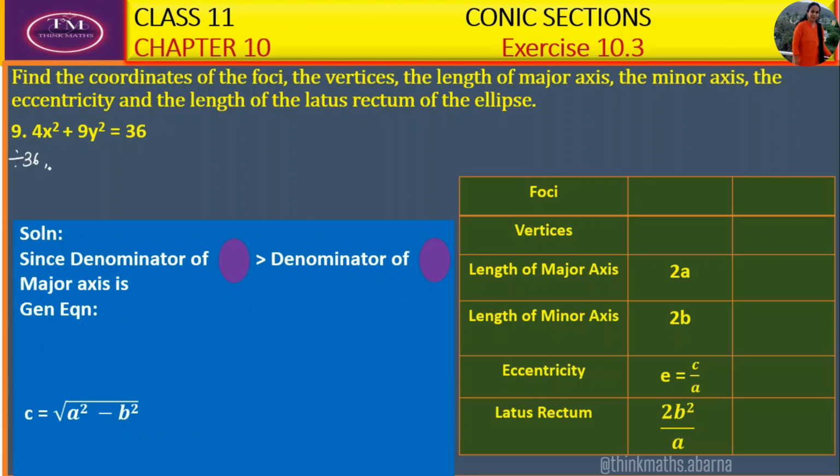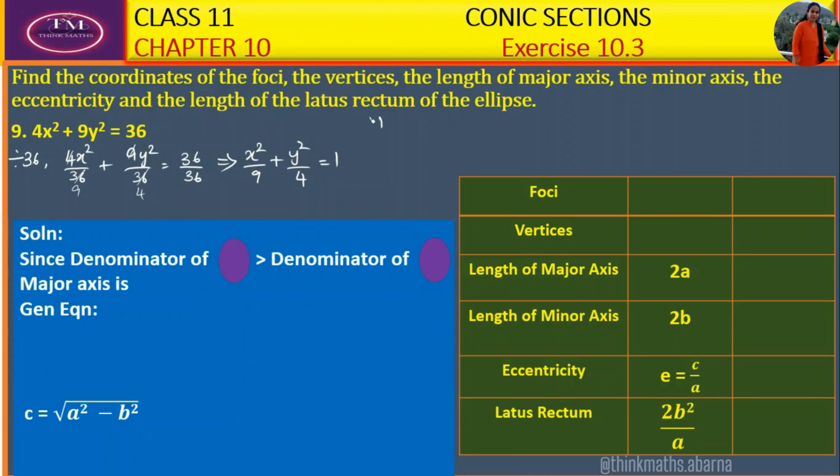So dividing by 36, 4x square by 36 plus 9y square by 36 equal to 36 by 36. So dividing, 1 4s are 4, 9 4s are 36, so you will get x square by 9 plus y square by 4 equal to 1.